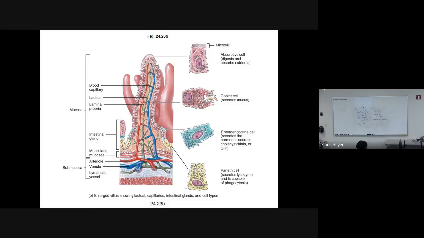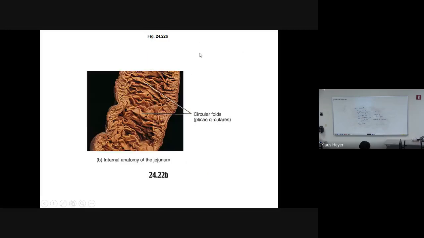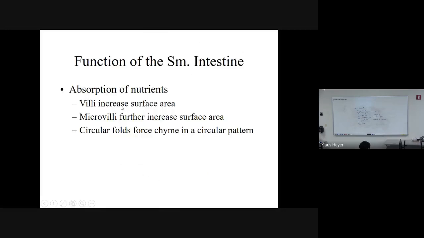So that's what's making the enzymes. You could say they come from the small intestine, and they do. If you wanted to be more specific, you could say microvilli. But anyway, the microvilli increase the surface area even more. So villi increase the surface area, microvilli also increase the surface area, and the circular folds make all that chyme go in a circular pattern.